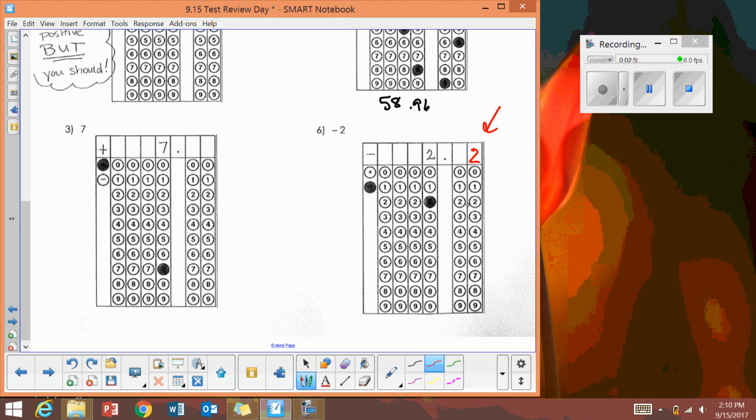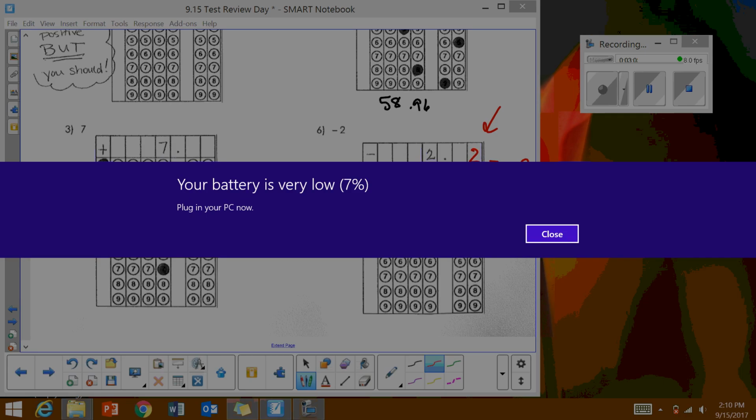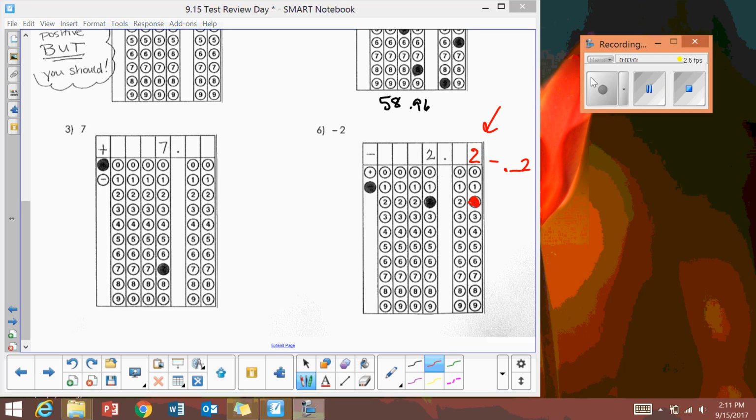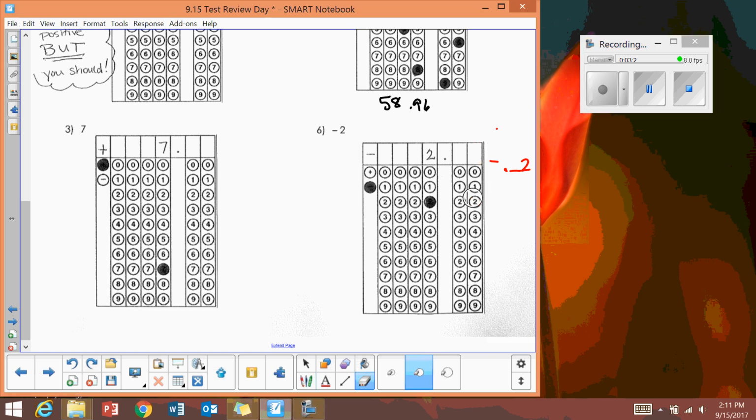And the computer is going to read this as -.2, and it's going to be wrong. So what we do is we put the 2's, like this 2 at the top, so that we understand the place value. So we have to be very careful about doing this.